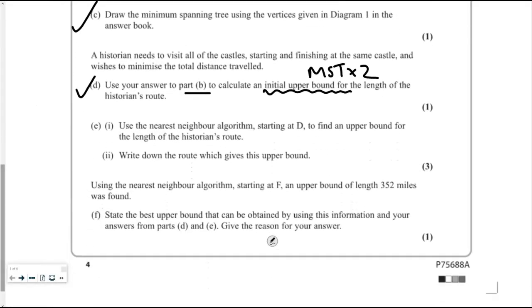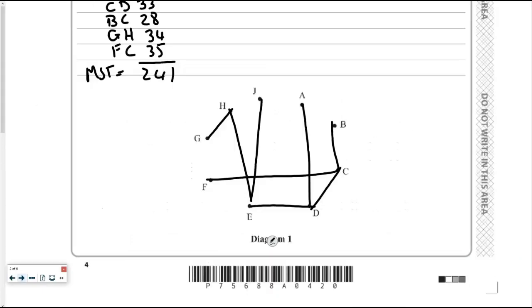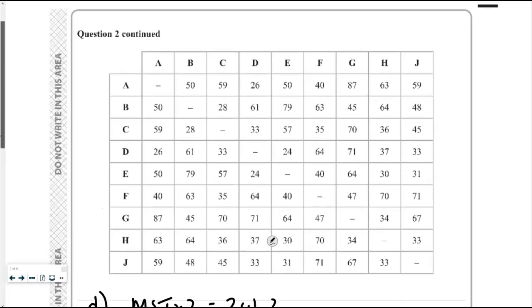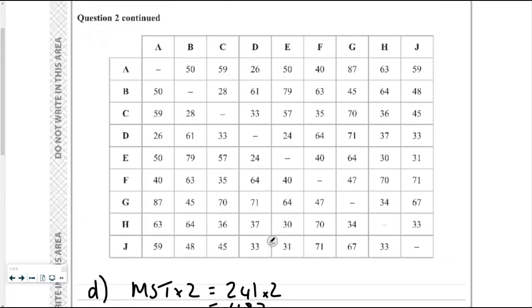Going back to the question, so I've done that. So E part 1 says, use nearest neighbour to get another upper bound starting at D. So there is no real way to show you how to do it. But I always take this as a table.